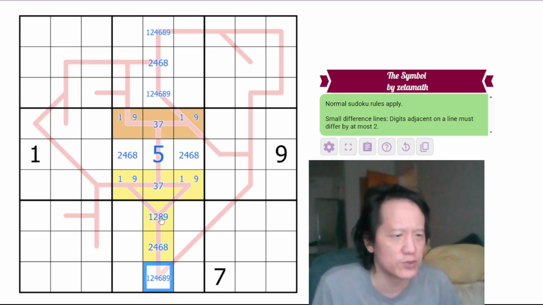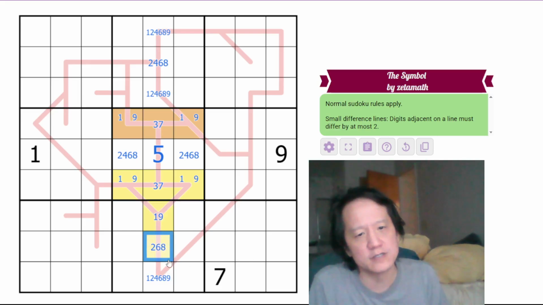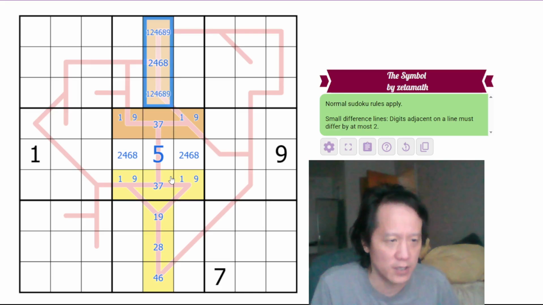I think this sort of has to be then 1. Can this ever be 2, 4s or something? No, because it would only be 2, 4, and 6 that way. So this has to be 1 or 9 here, which makes this next 2 and 8, which makes this next 4 and 6. So this has to be all yellow, which means these are all orange. But we don't have a guaranteed pattern here.